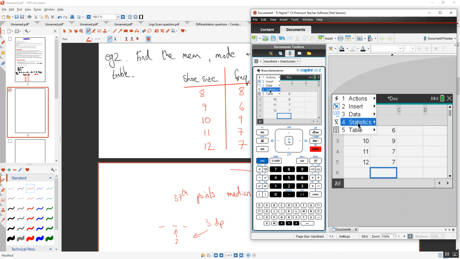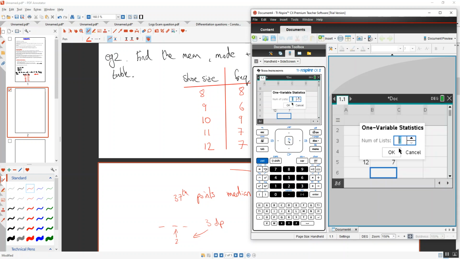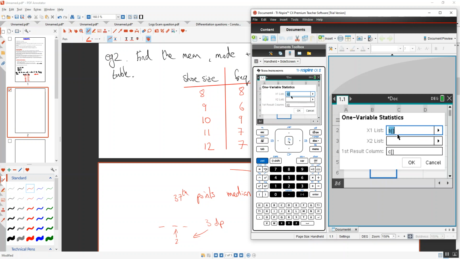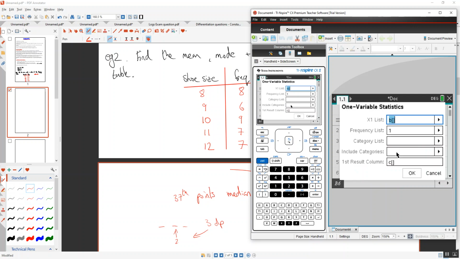Then we go to our menu, stats, stat calculations, and again it's one variable stats. So we've got frequency list and X1 list.